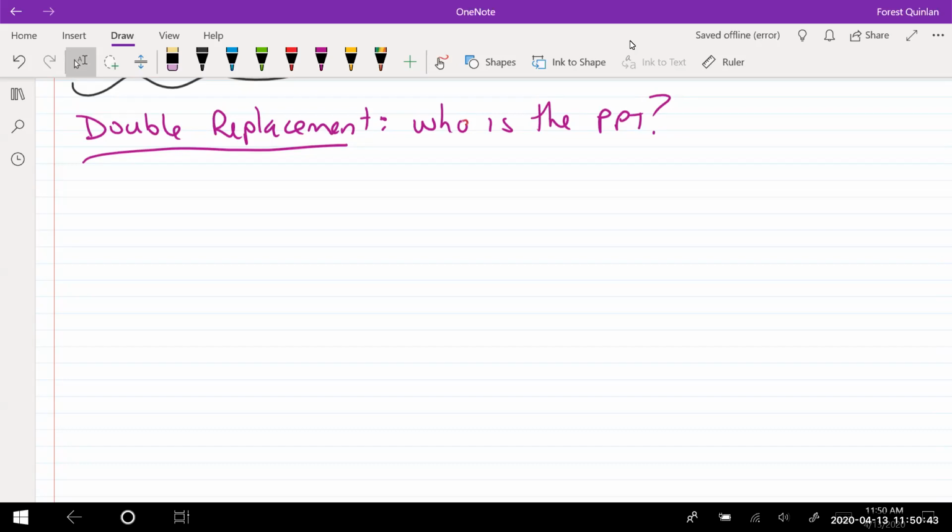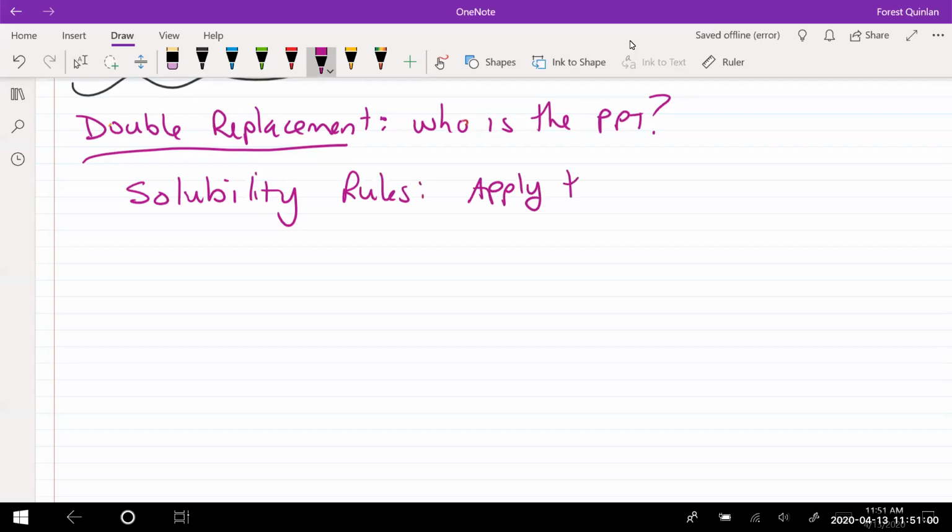So double replacements, you want to know who's the PPT? We have some rules here. Some solubility rules. It is important that you apply them in order, meaning start looking, don't bounce around.